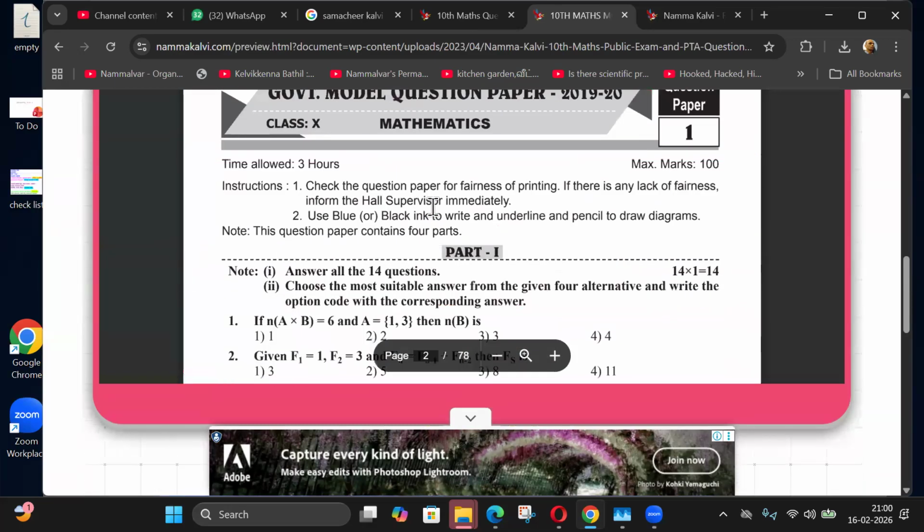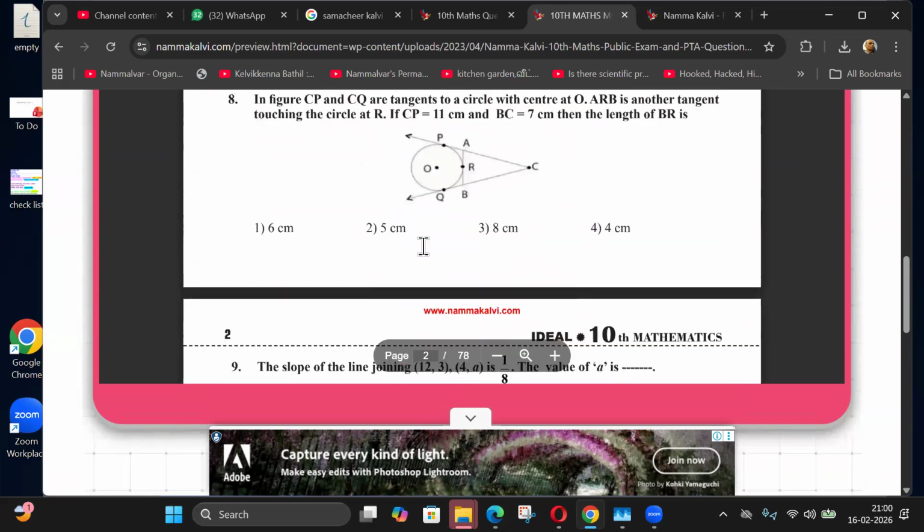Here there is one question paper. I think it's a full paper, 100 marks. Maths is 100, is it? Yes, sir. Only science is 75.